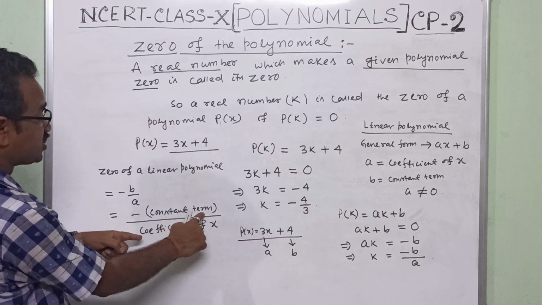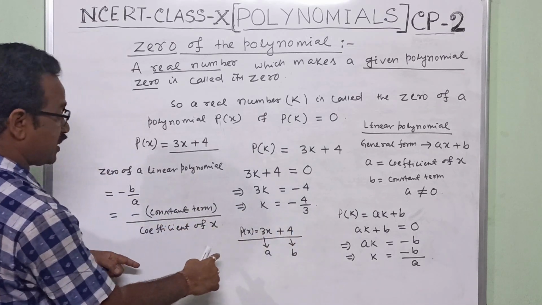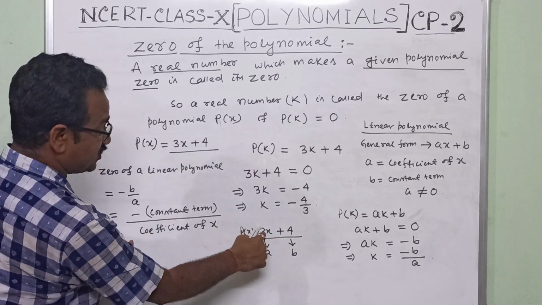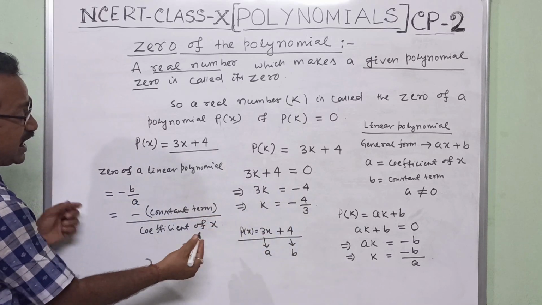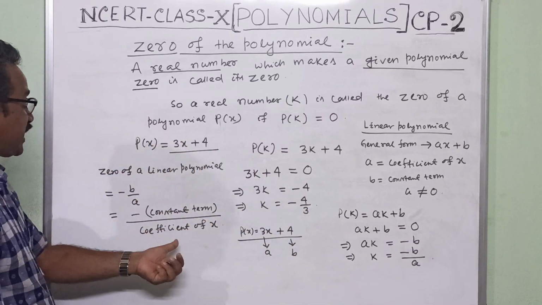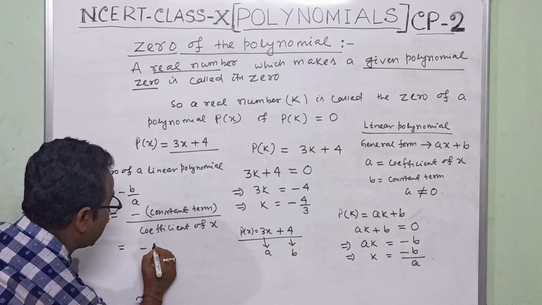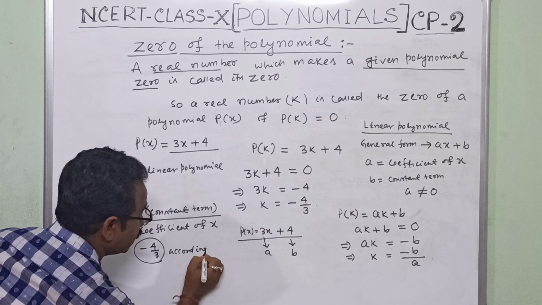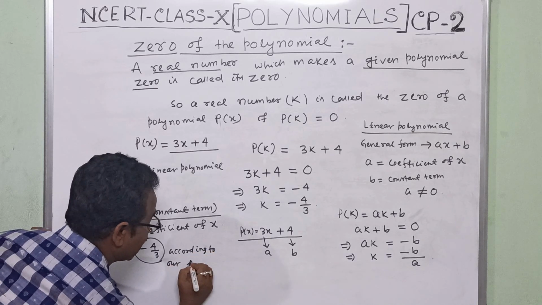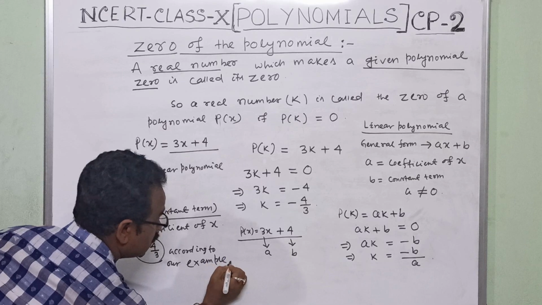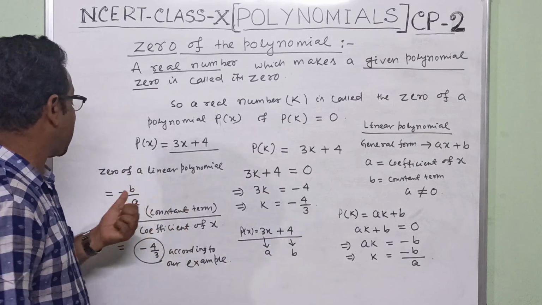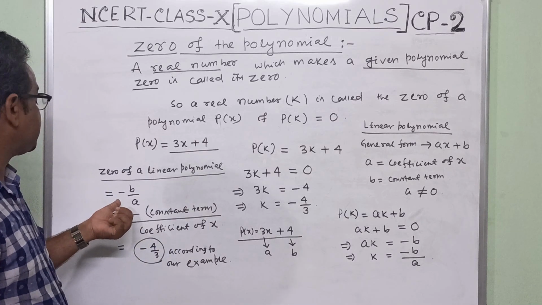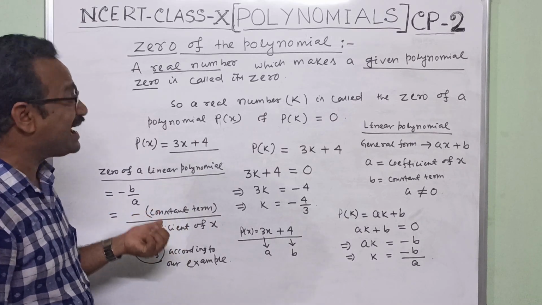See, minus the constant term b, here 4, and the coefficient of x, a, is 3. So -4/3. From this formula also we get -4/3, according to our example. So this is verified: the zero of a linear polynomial you can find by using the formula -b/a.